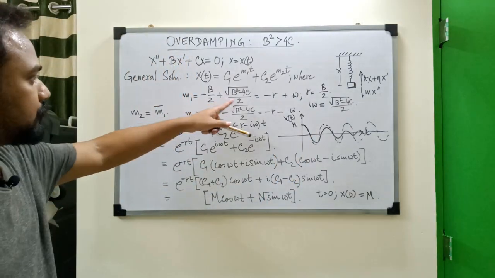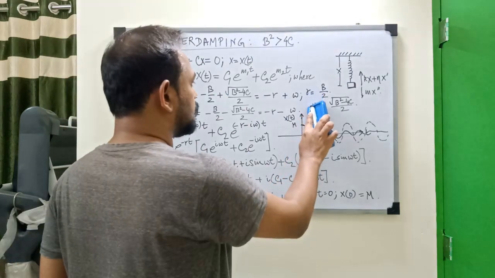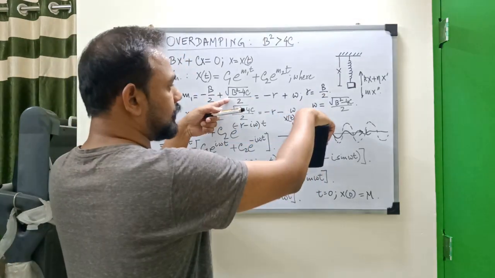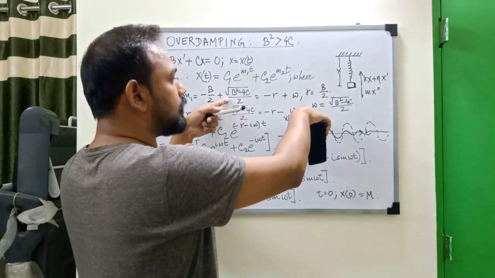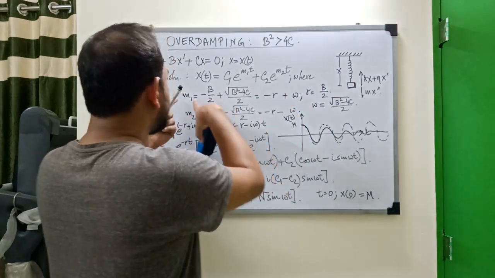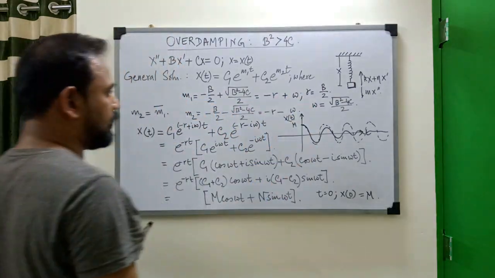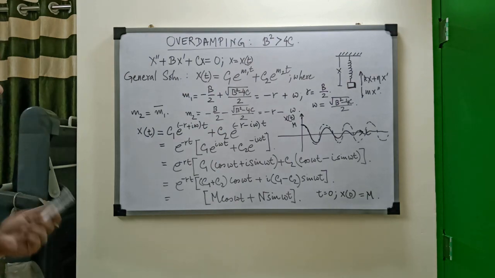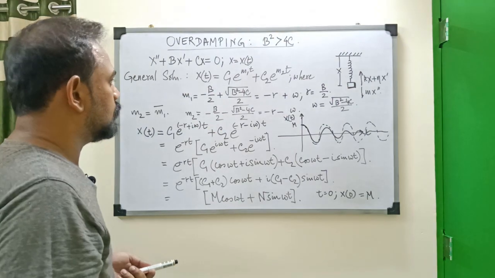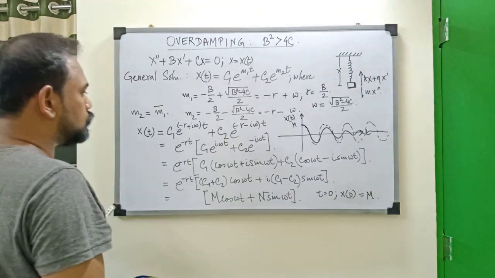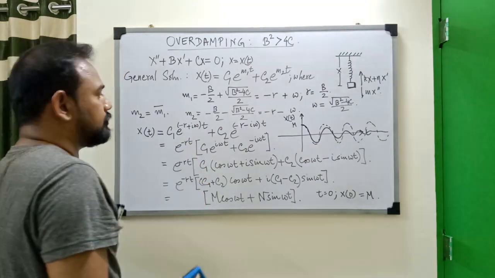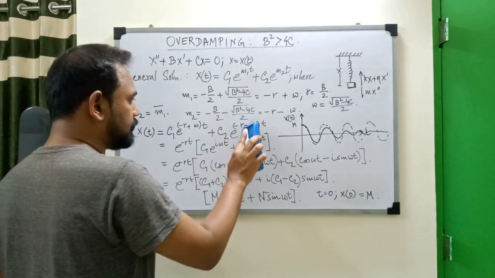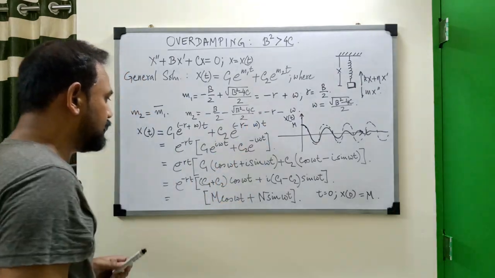So I'm just going to call this number here omega, because I don't have to put the i, because it's not an imaginary number anymore. So m1 and m2 are just going to be what they are without the i. Well, in that case, what's the solution? Everything remains the same, except you don't get this i.